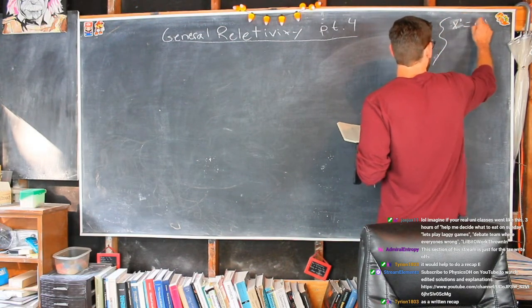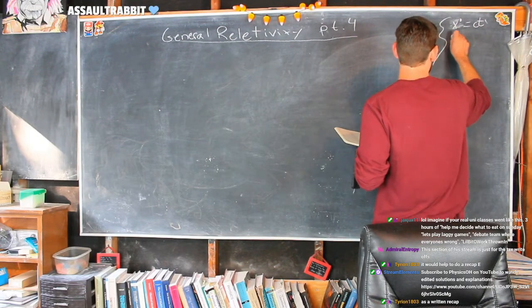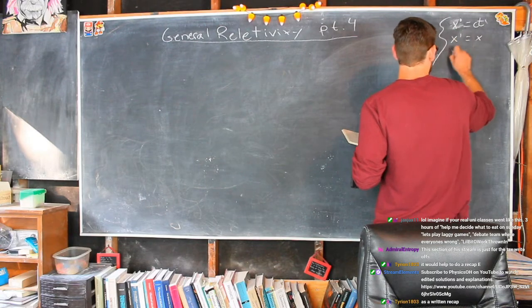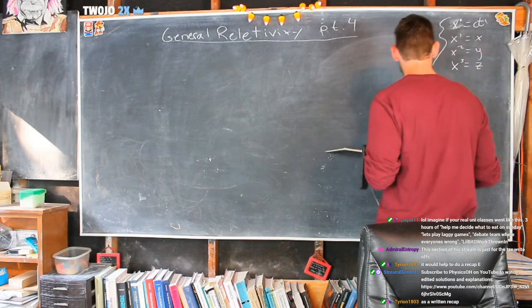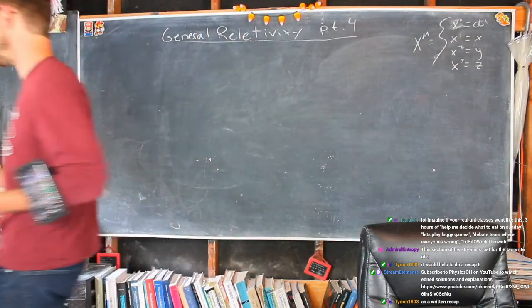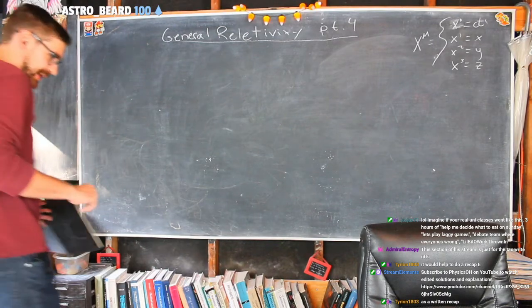X of 0 is equal to ct, or we set c to 1, and then it's the time dimension. And then x1 is equal to x, x2 is equal to y, and x3 is equal to z. So that was one thing that we've talked about before, where we have this Cartesian setup, or this setup in Minkowski space, flat space-time.